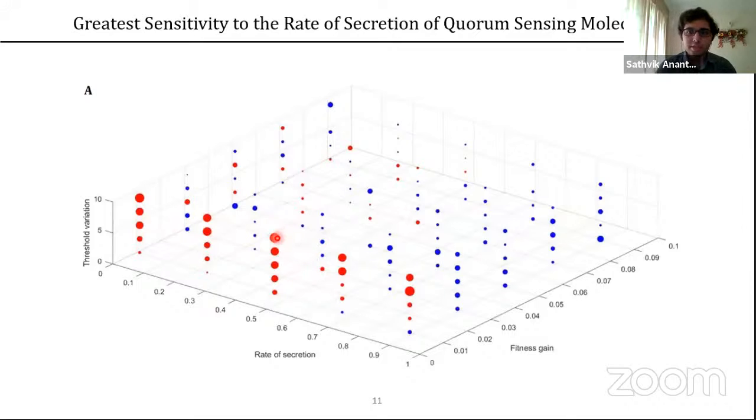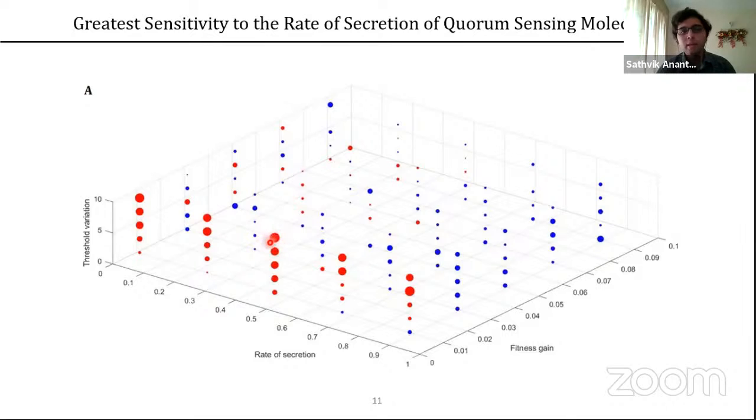So each sphere here represents, by its color, which strain shows a greater population on average at that parameter set, and the size of the sphere is proportional to the difference between the populations of the two strains.